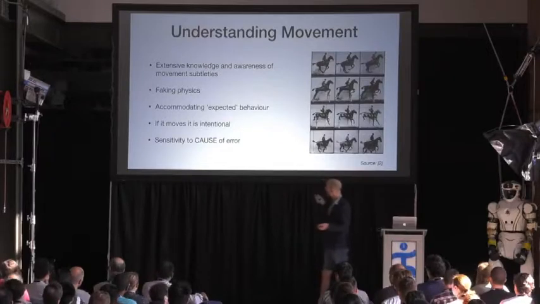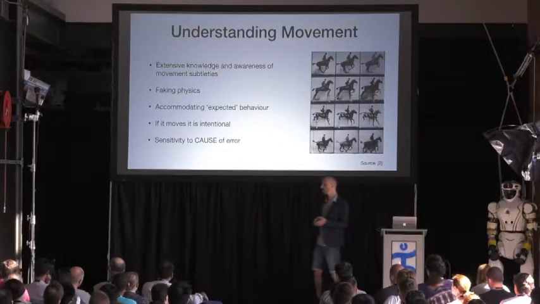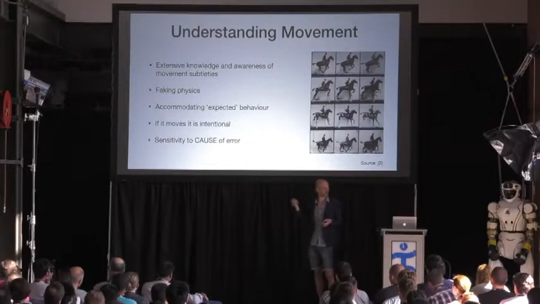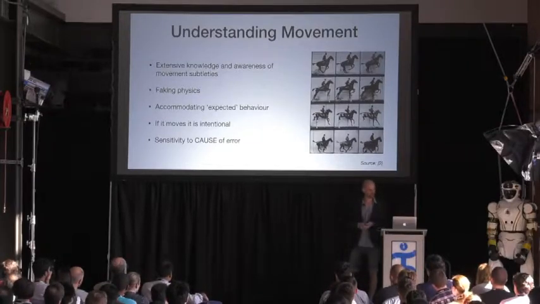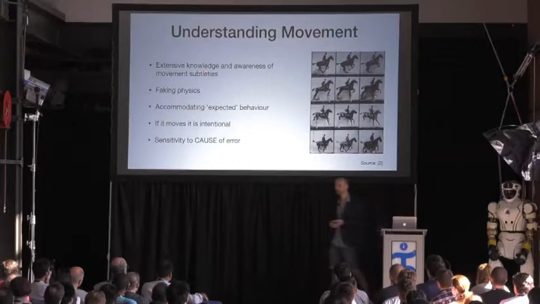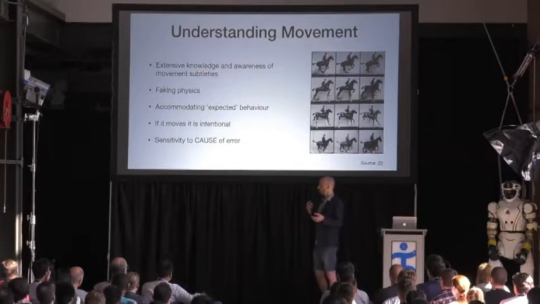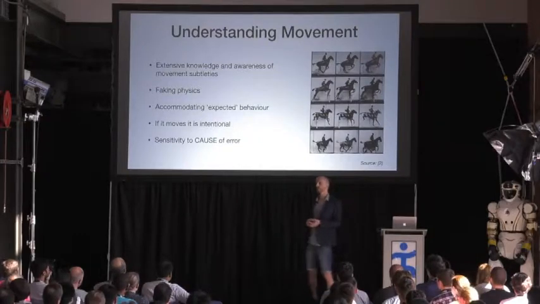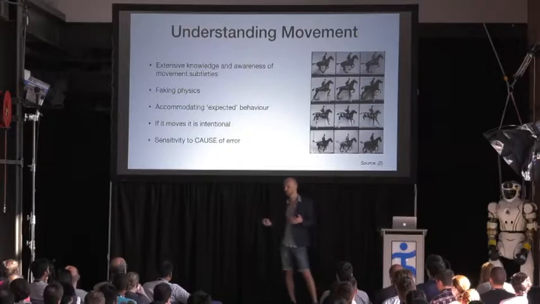And then accommodating expected behavior, that's an interesting point. And actually, I put this in after a talk with Greg Savicki. How do you even explain it? I mean, we decide how stuff moves. There's no rule governing how stuff should move.